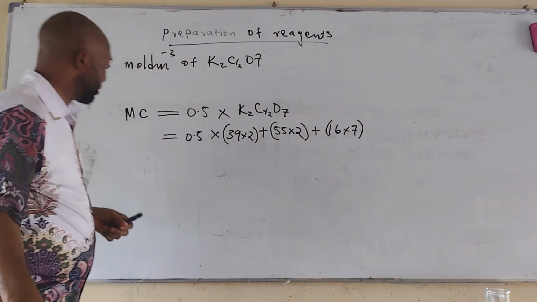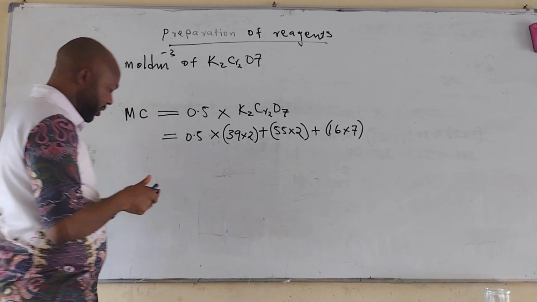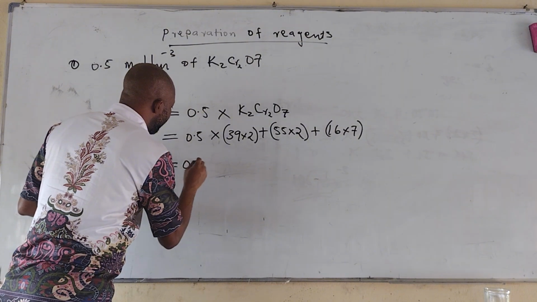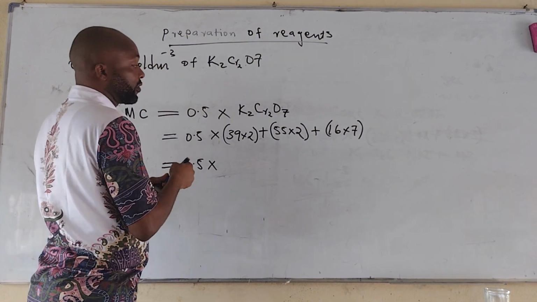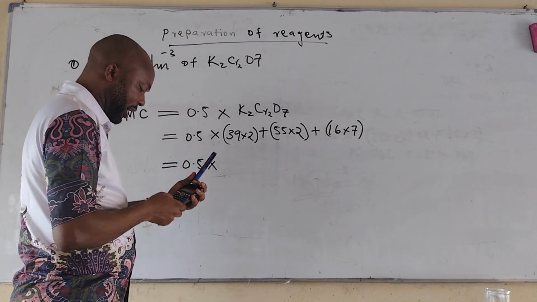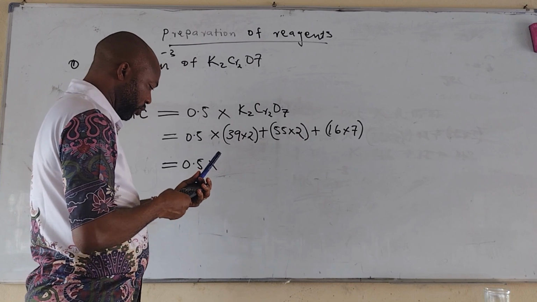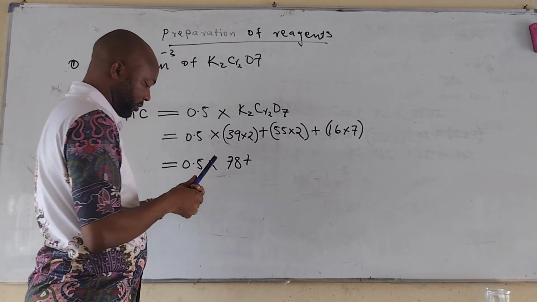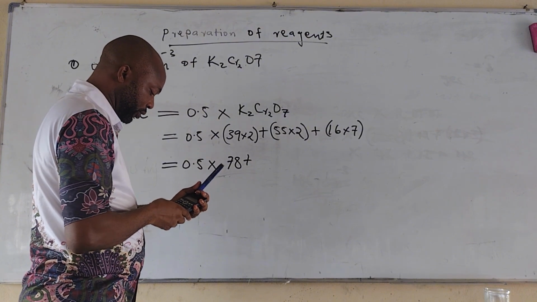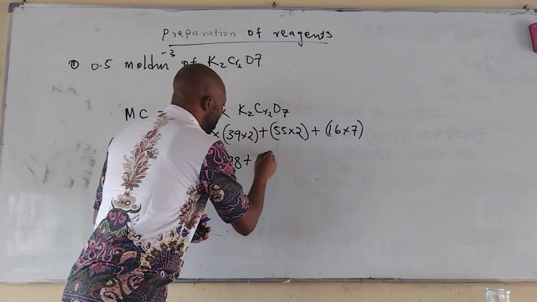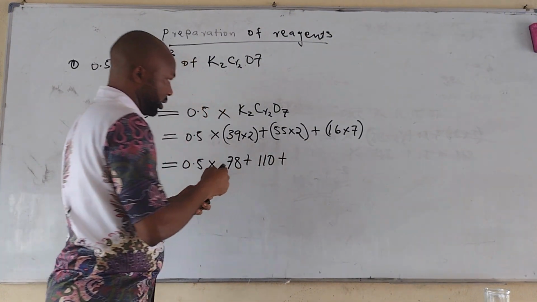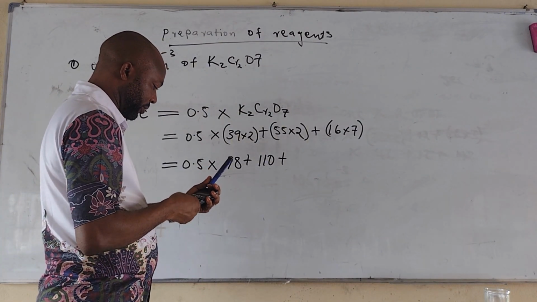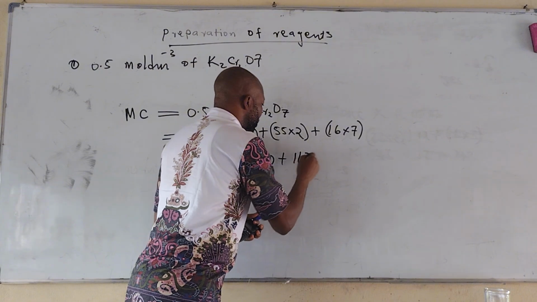So that's a whole lot. I will be having my 0.5 times the summation of the others, which is 39 times 2, which is 78, plus 55 times 2, which is 110, plus 16 times 7, which is 112.